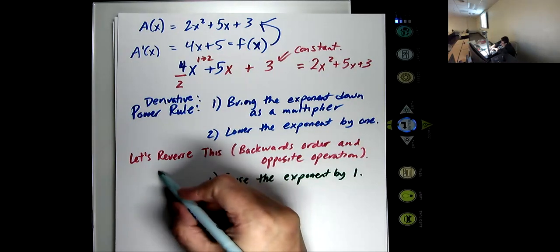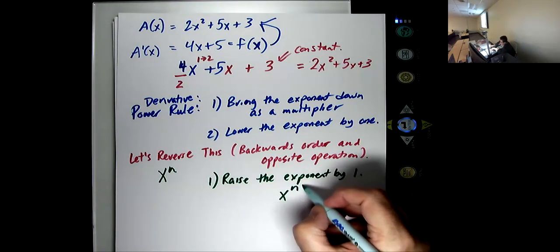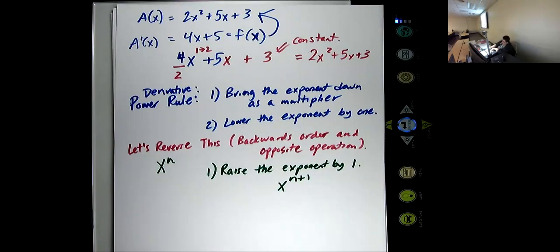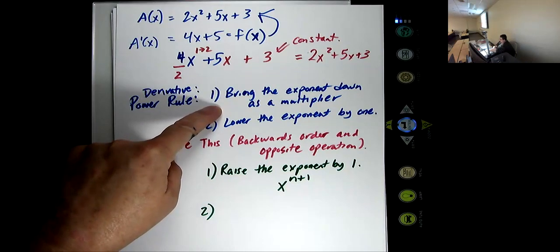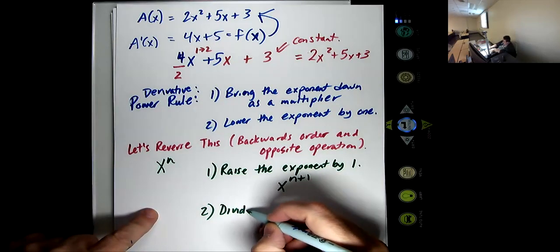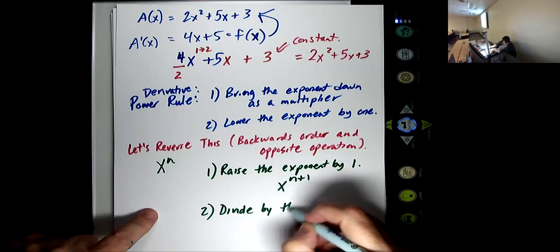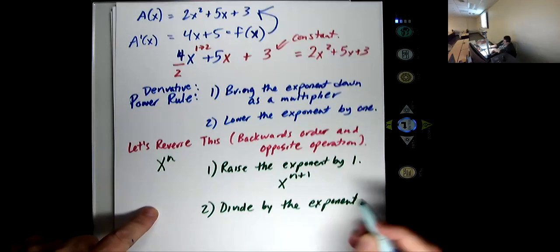Let's say it was x to the n. That makes this look like x to the n plus 1 now. And then step 2, the opposite of bringing the exponent down as a multiplier would be dividing by it. So divide by the exponent. We multiplied by the exponent going one way, we're going to divide by the exponent now.